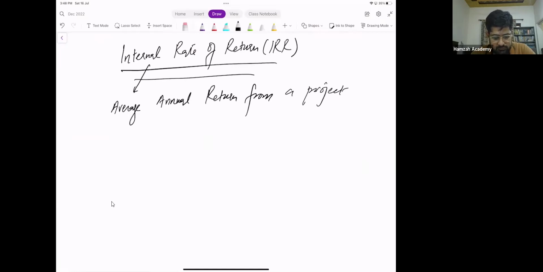Now, IRR, internal rate of return, how is it calculated for the project?